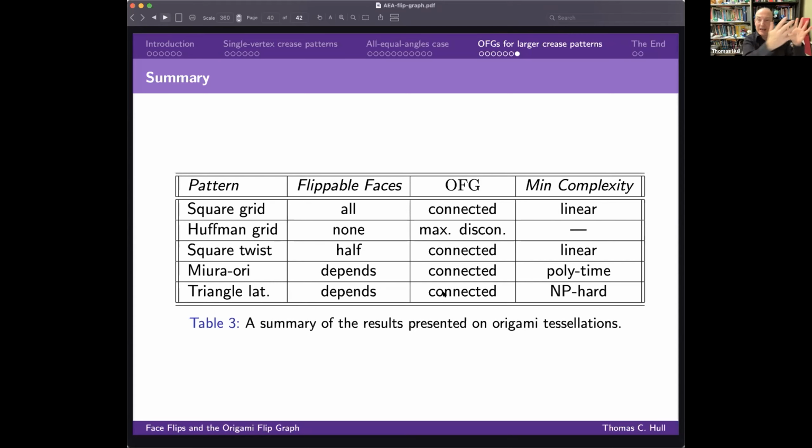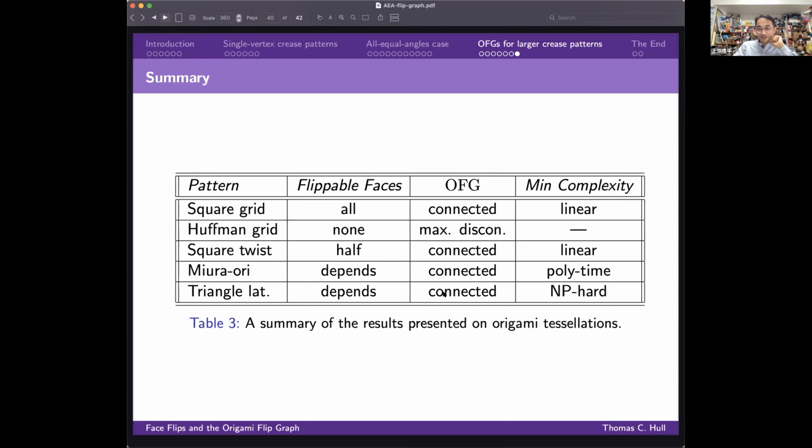We found a way to take any other locally valid mountain valley assignment and flip it to that canonical one, and from the canonical one, we can go to any other one. So it's not an efficient way to do it, but it will show that we can go between any two. The length is polynomial, I think, in terms of the number of triangles or something like that.